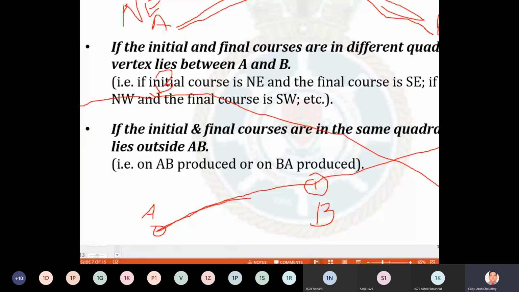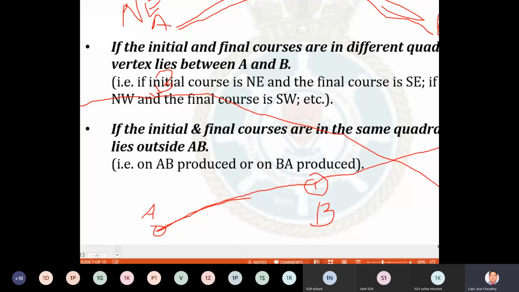Because you just try to imagine, give me two positions. It will never happen. Between two positions, can you have the D long initially east and then the D long west? No. Between any two given positions, either the D long will be easterly or westerly. So how can you have the initial course east and then after some time the course westerly?